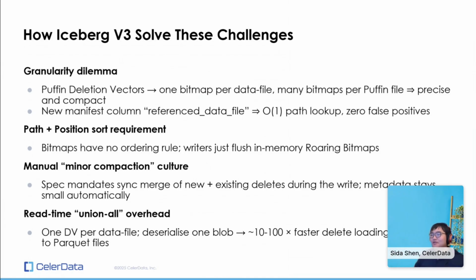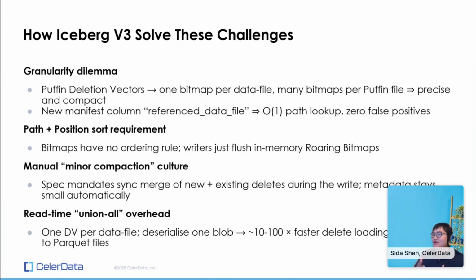Because that's so much cheaper, now when you ingest, instead of leaving the compaction to the other day, doing that asynchronously, the Iceberg spec actually mandates the merge of new and existing deletion vectors at data ingestion time. So there is no more manual minor compaction, no delete file compaction job that you have to run and maintain by yourself.